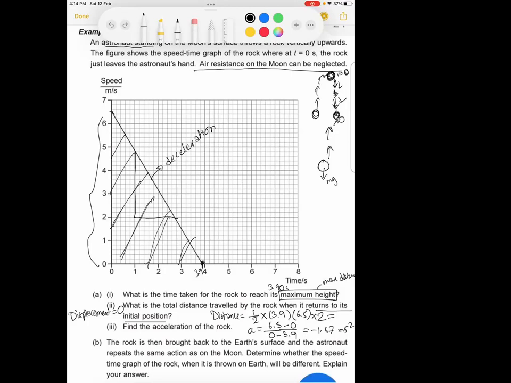Because the gravitational pull is different on the moon and on Earth. So how is it going to be different? What will the graph look like? Because obviously the g is higher on Earth, it's 10 meter per second square. That means the deceleration will actually be more, right?